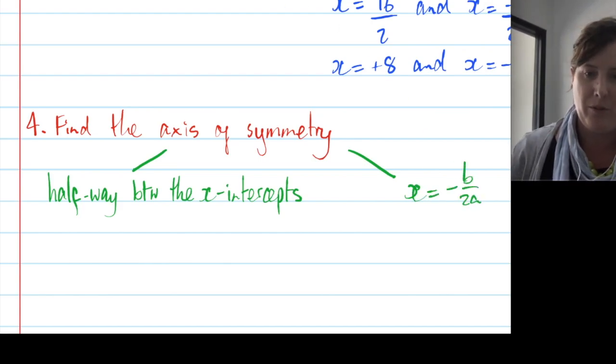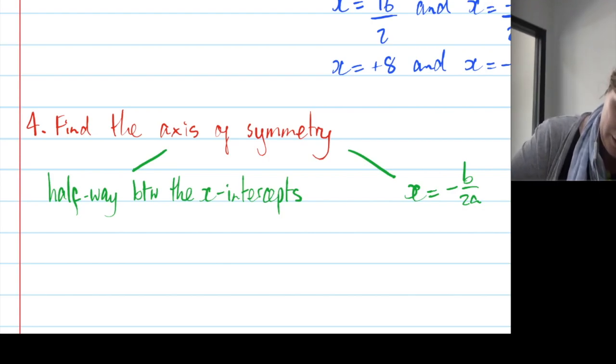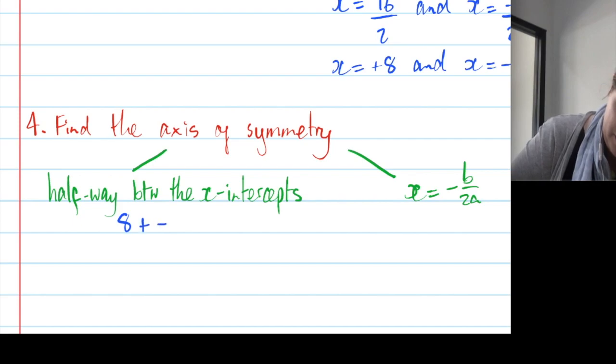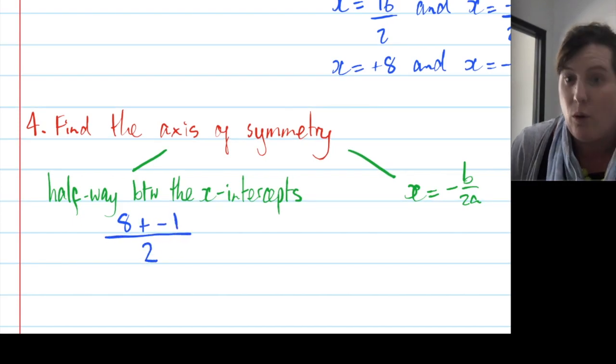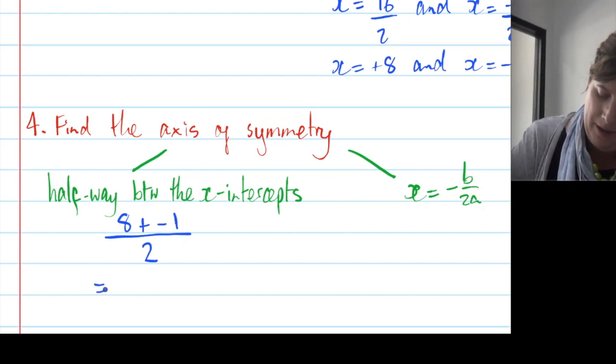So halfway between the x-intercepts, so we've got our x-intercepts are 8 and negative 1. And halfway between, you add them together and divide by 2, always. 8 plus negative 1 is 7 on 2, which gives me 3.5.